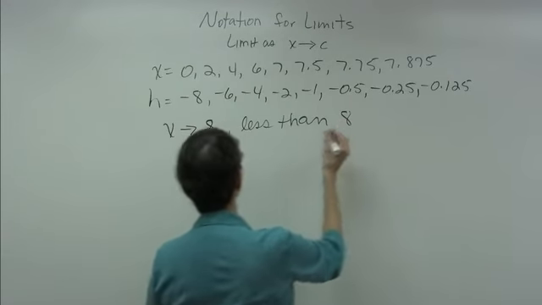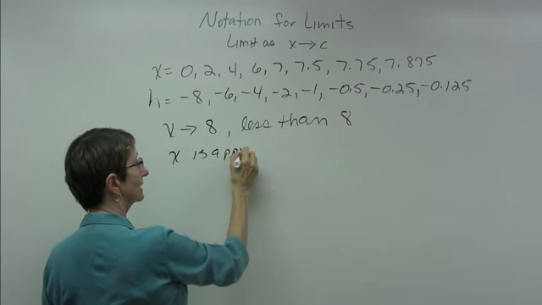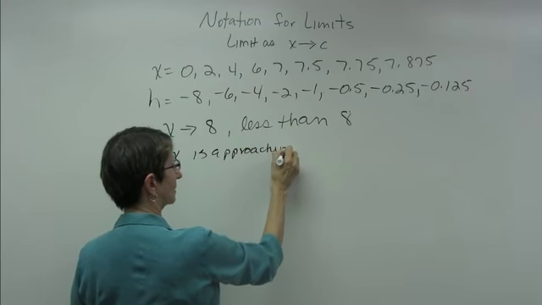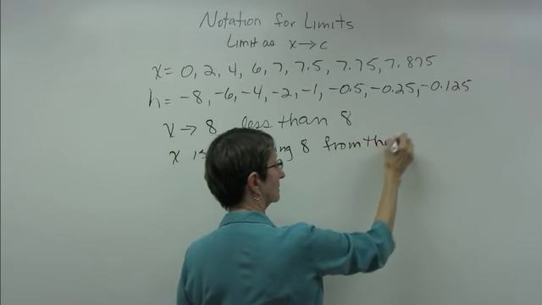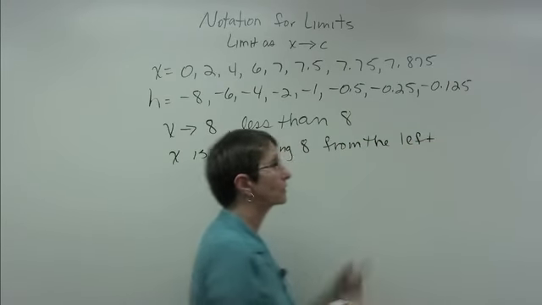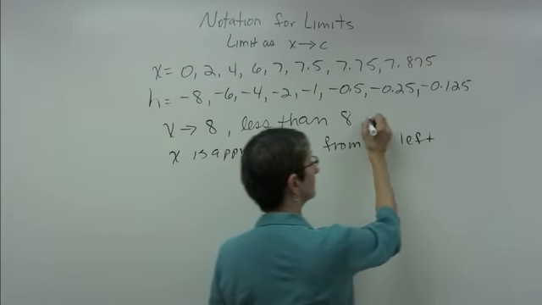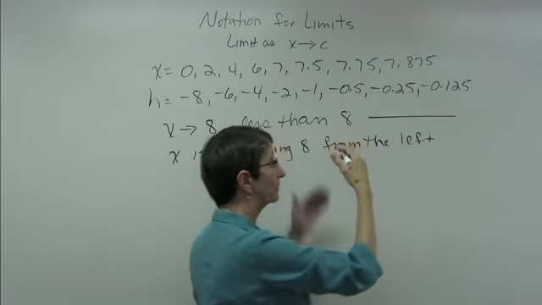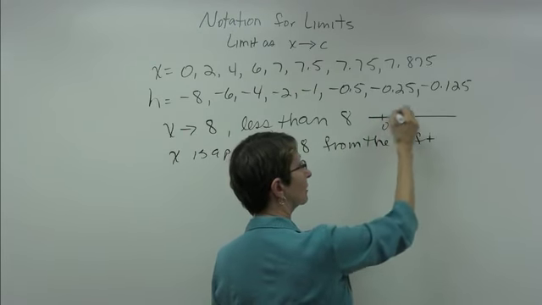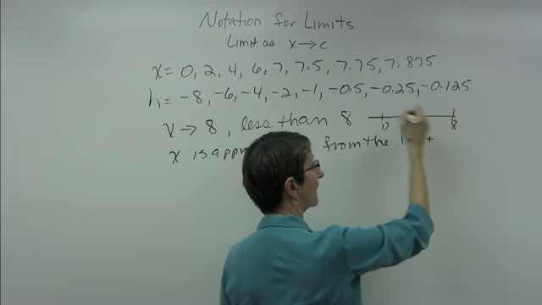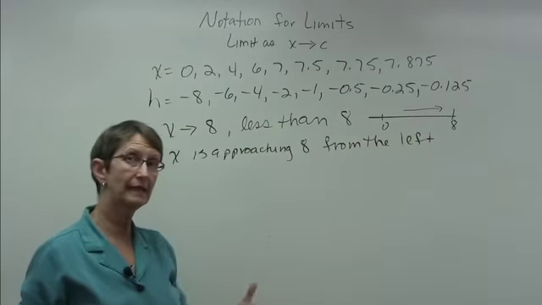So I would really say that x is approaching 8 from the left, which are numbers that are less than 8, because if you think of it on a number line, in math we read the number line left to right, so I have negative numbers, I hit 0, I have positive numbers, and if I'm approaching 8 from the left, those numbers are smaller than 8.